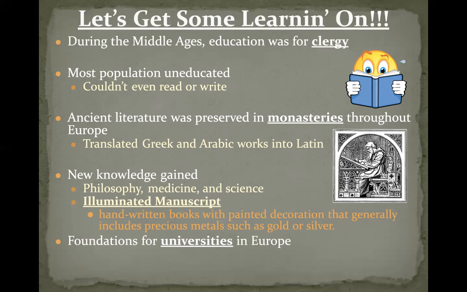And then we see the foundations of universities in Europe. So as this is right before the Renaissance, we'll talk about these new ideals as far as a rebirth of knowledge, going back to more Greek kind of learning, like thoughts, thinking about thoughts, and also just progressing society as far as ideas.